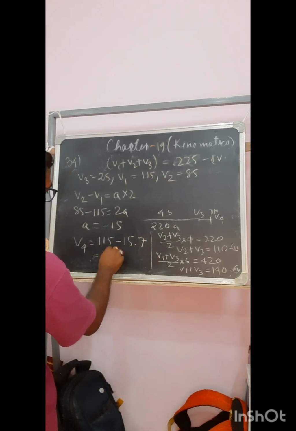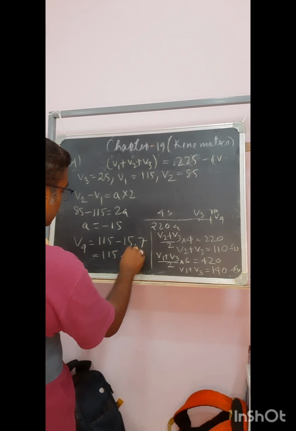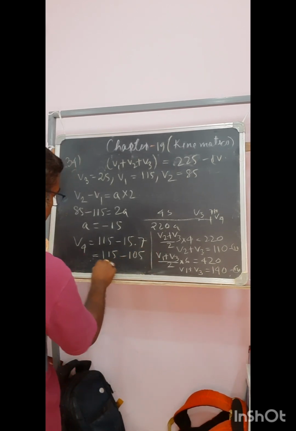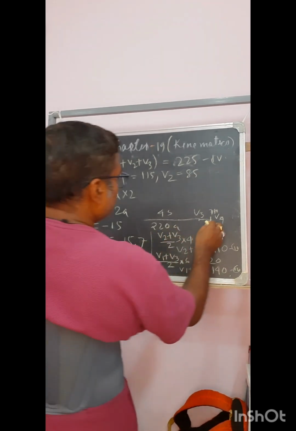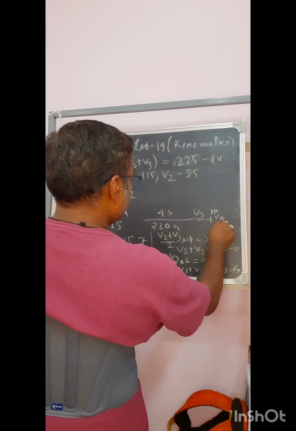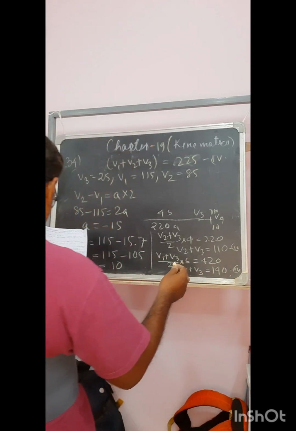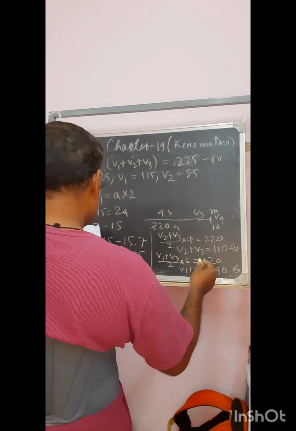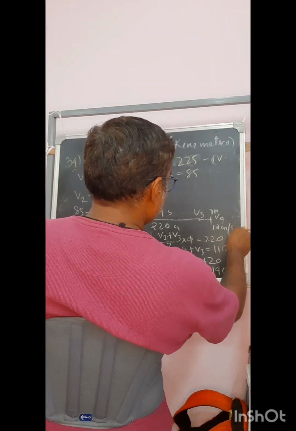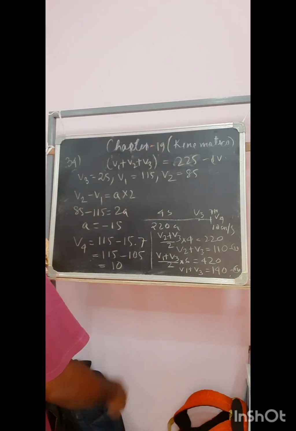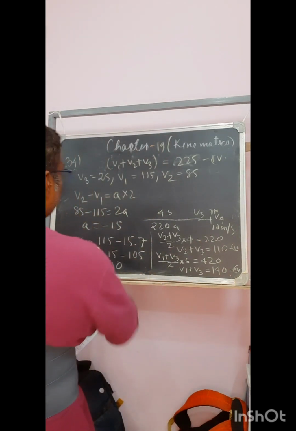So 115 minus 105 will give you 10. So the velocity here will be 10, and the unit, as given, is centimeter per second. Okay, so that is the requirement of the problem.